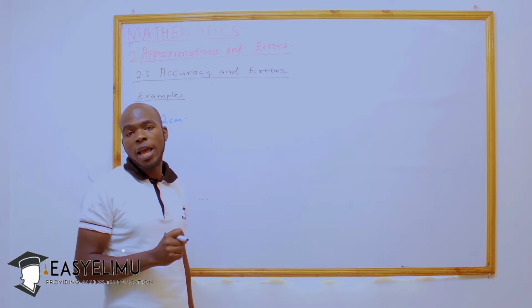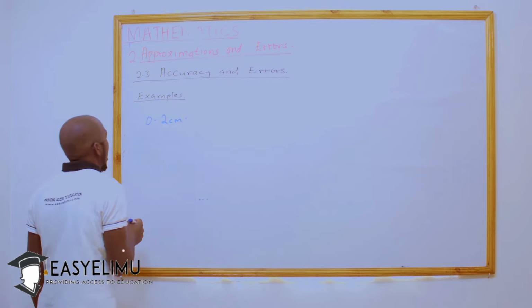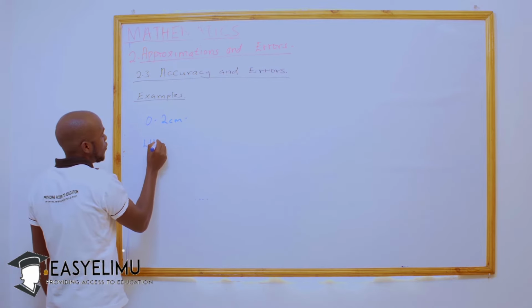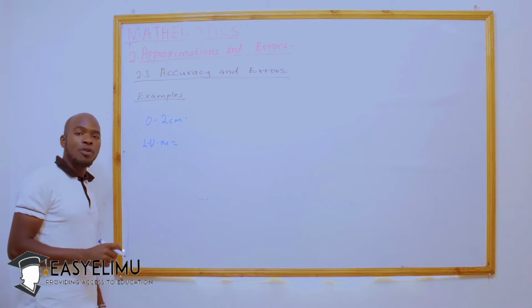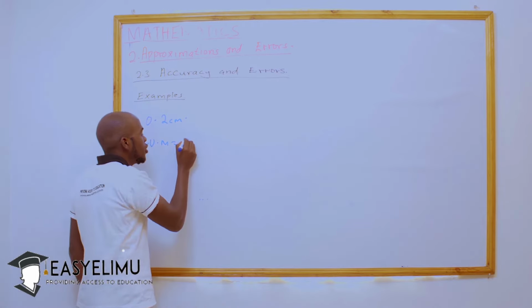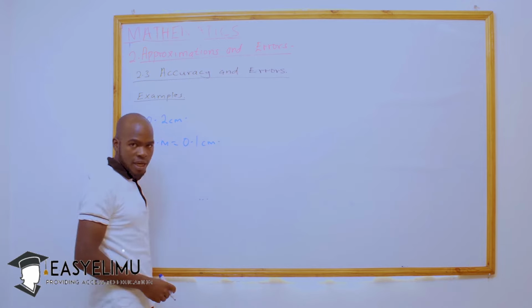In case it is stated as 0.2 centimeters, the thickness of that coin, then this is to 1 decimal place of accuracy, meaning that the least unit of measurement now will be 0.1 centimeter.